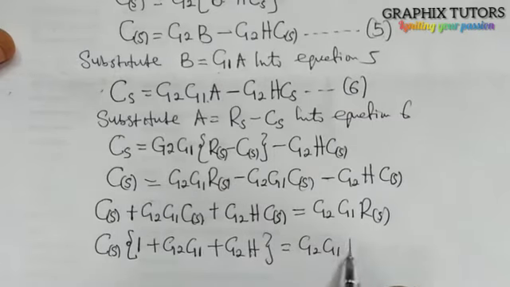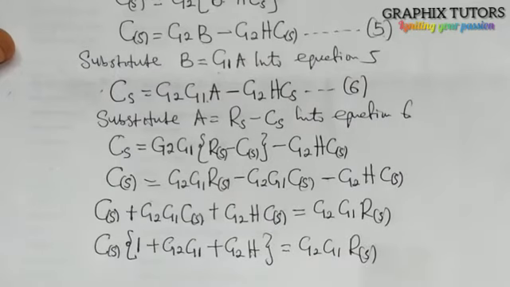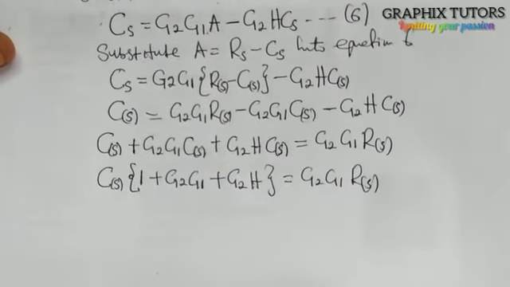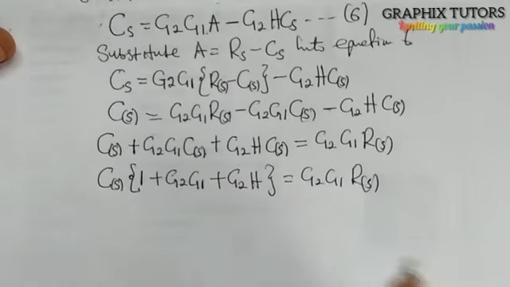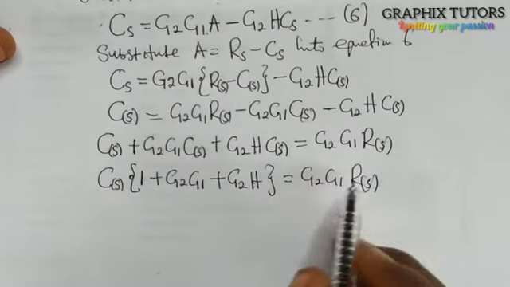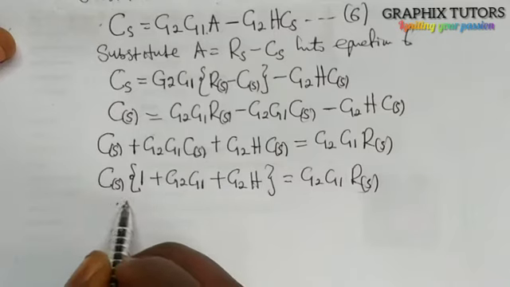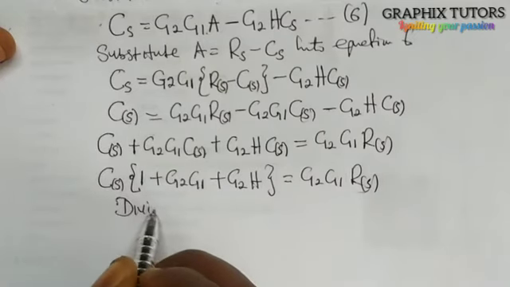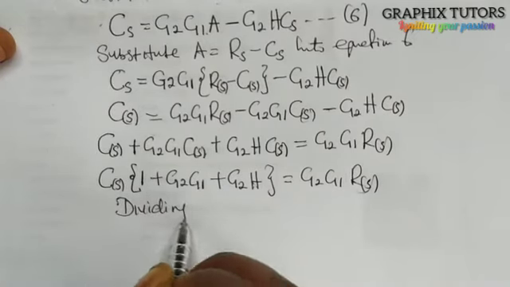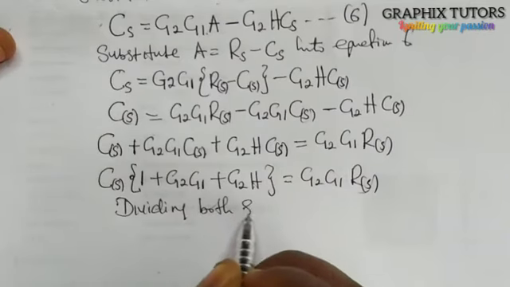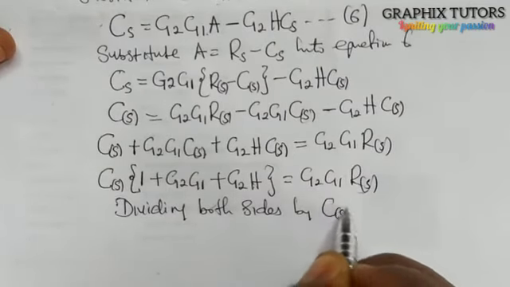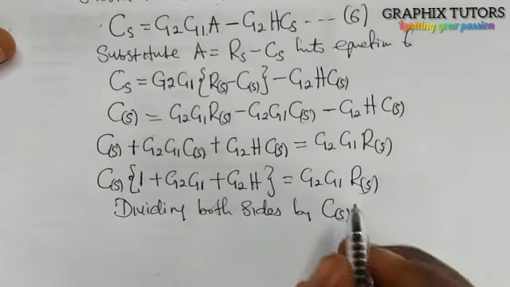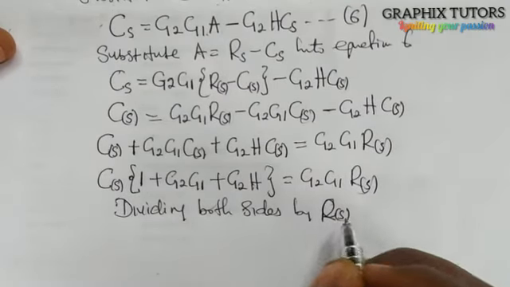Equals G2G1R(s). Now from here, you need to divide by the input. So we have dividing both sides by R(s).